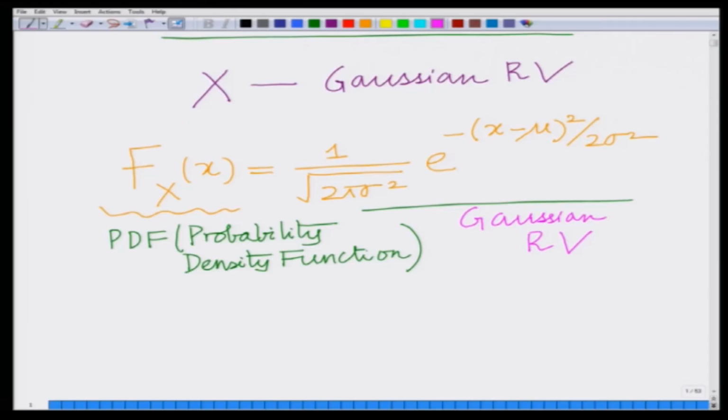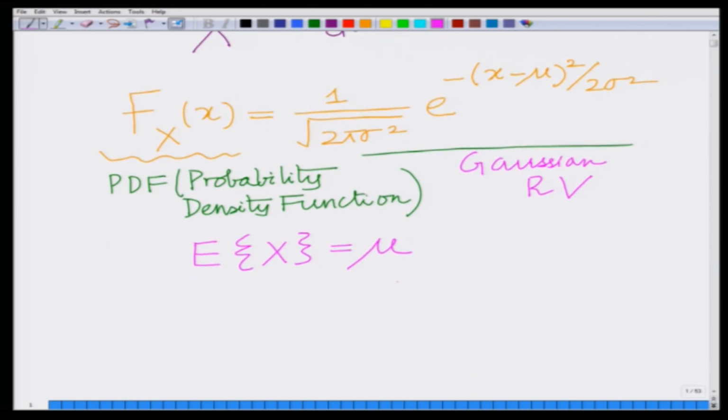and these denote, for instance, the expected value of x, or the average of the Gaussian random variable, is equal to mu. So the parameter mu denotes the expected value or the mean of the random variable, and the quantity sigma square denotes the variance.